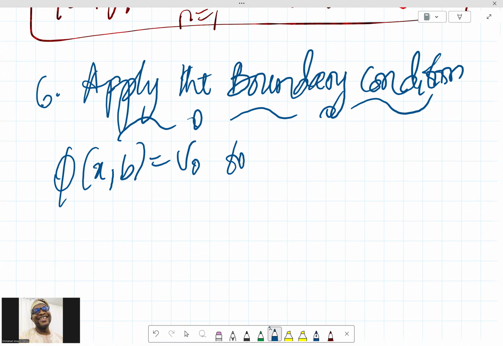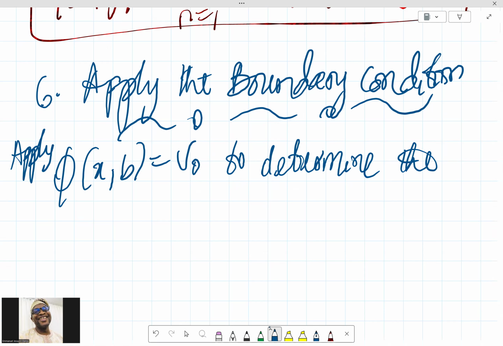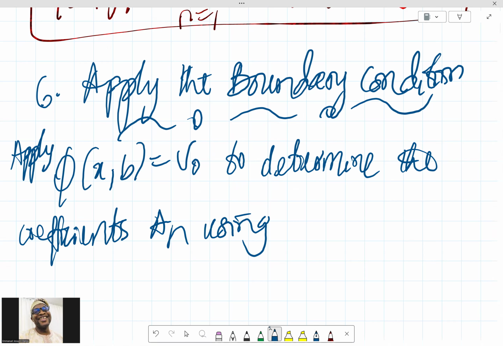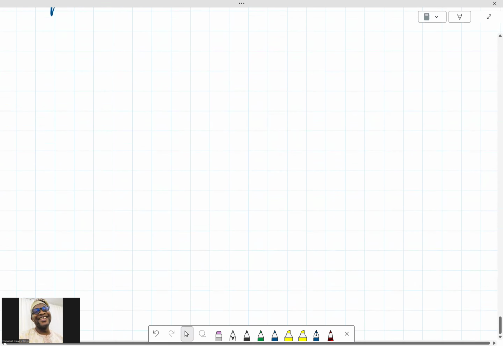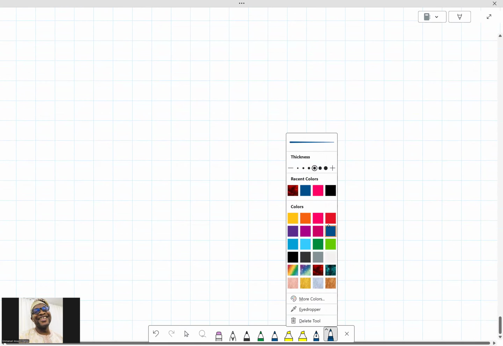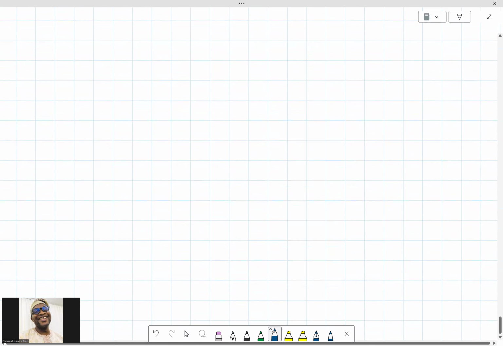Apply this to determine the coefficients A_n using Fourier series. Since we've done this kind of thing before, I'll just stop here, and then we can switch over to the next topic.